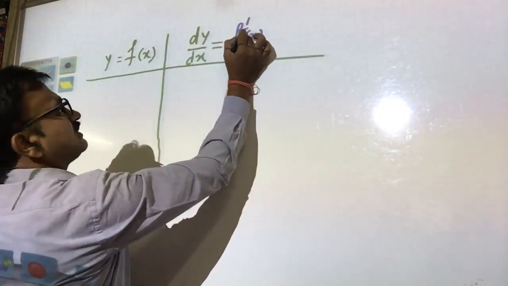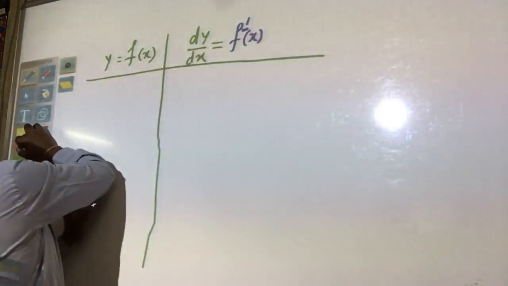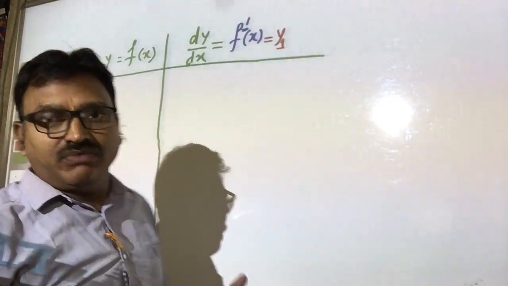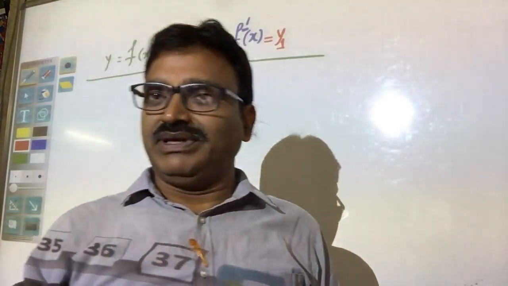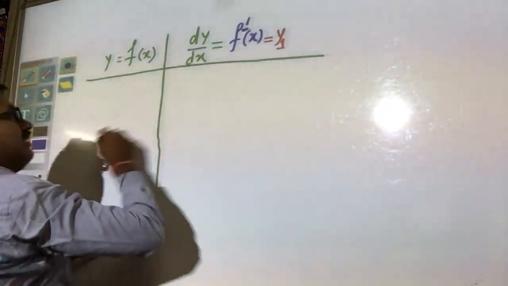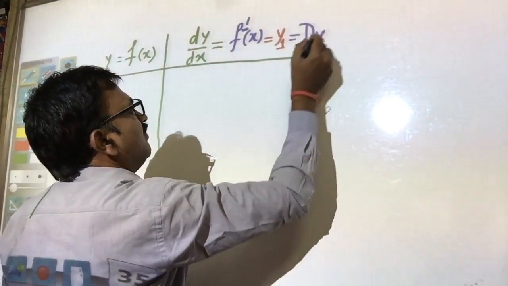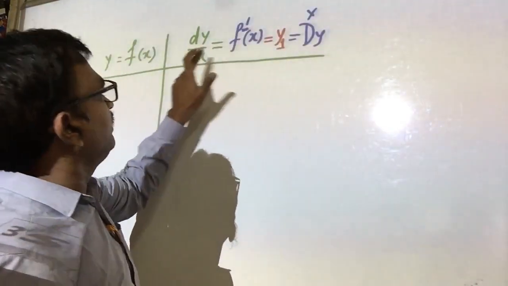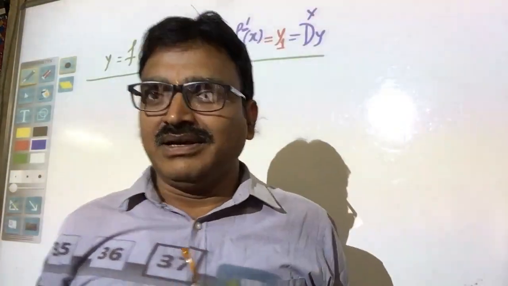If we use this dash, it means we have differentiated. In many books, it is also represented by y1, with 1 as a suffix. It is also called the first differentiation of y. In higher classes it is also represented by dy, but that is not in our syllabus. But these three notations we will use to represent the differentiation of y with respect to x.